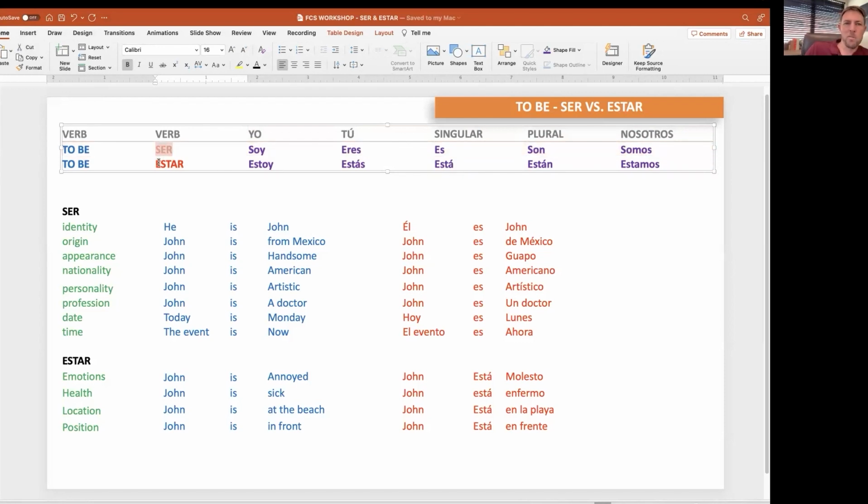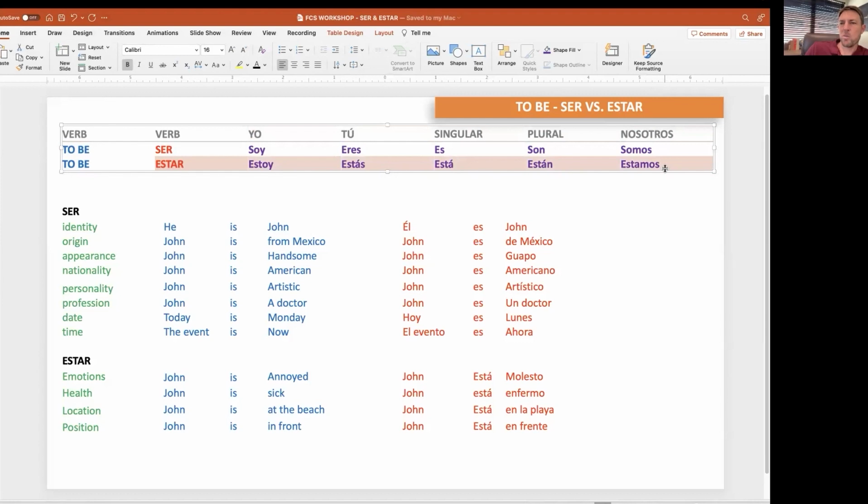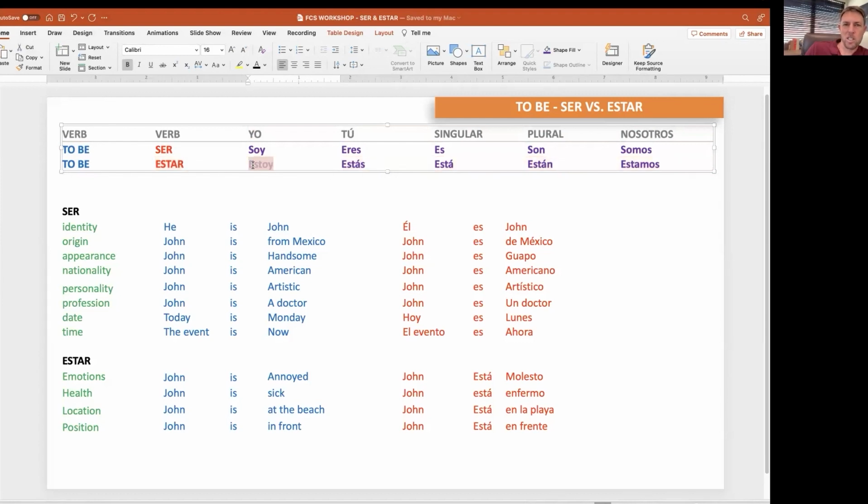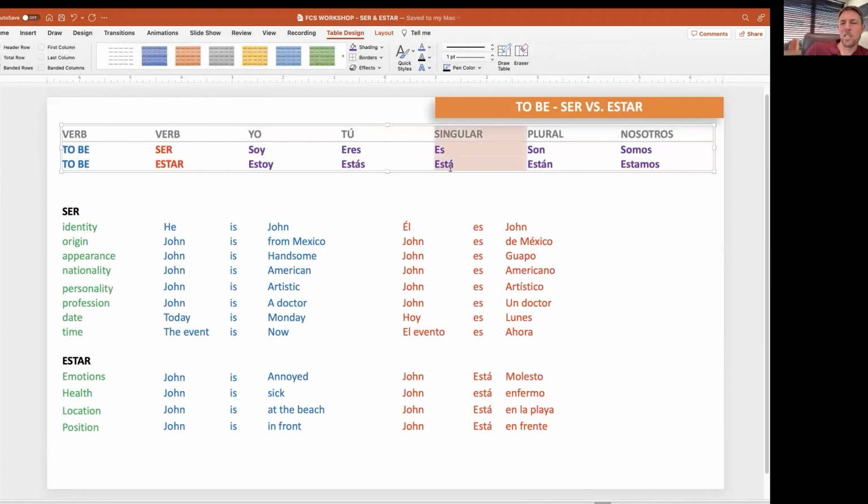It's just totally random. Estar matches very well, except for the first one, estoy. But if you look at tú estás, mi amigo está, singular is any singular subject. So my friend, the dog, the cat, the house, the car, the bird, the bee. Anything singular other than yo and tú, I and you.